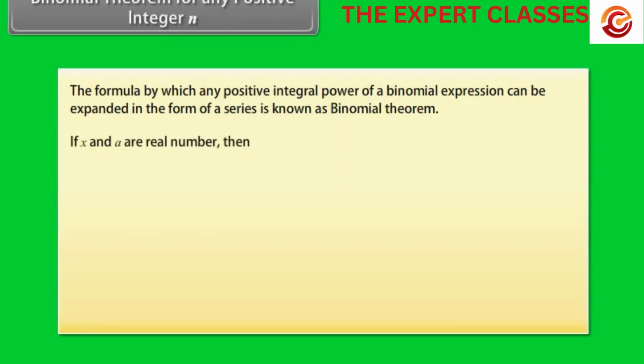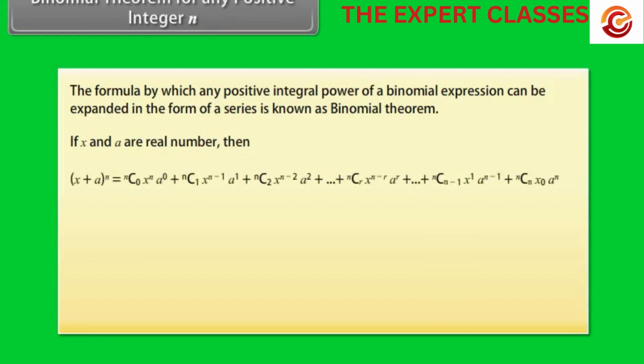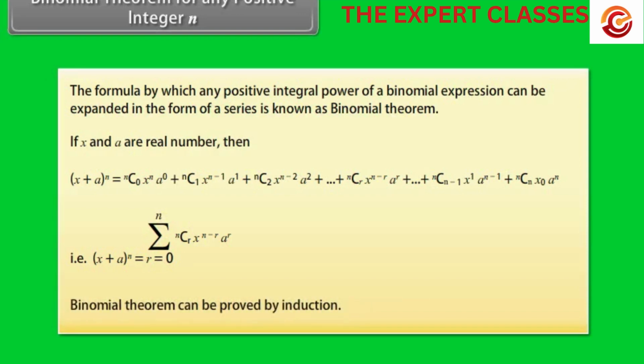If x and a are real numbers, then (x+a) raised to power n is equal to the summation from r equals 0 to n of nCr into x raised to power n−r into a raised to power r. The binomial theorem can be proved by induction.